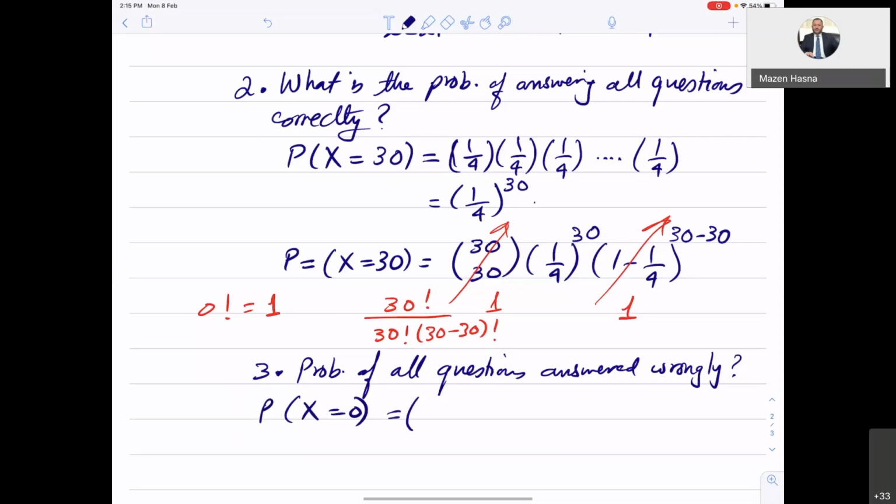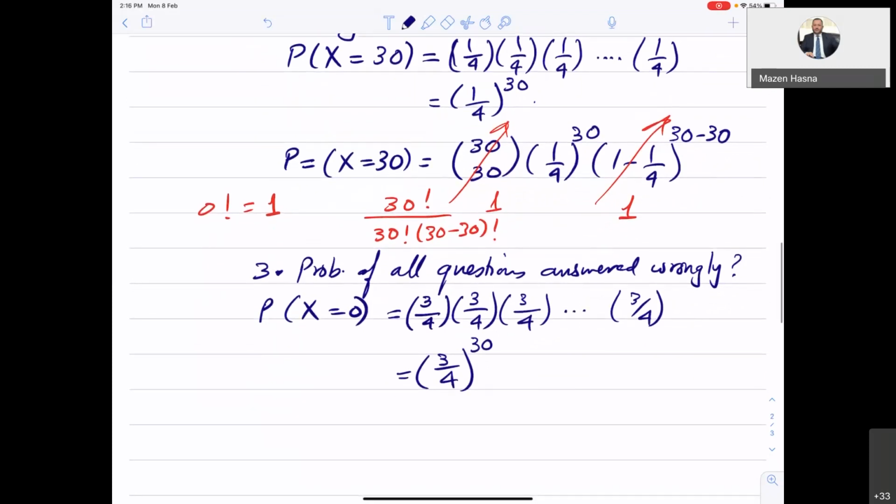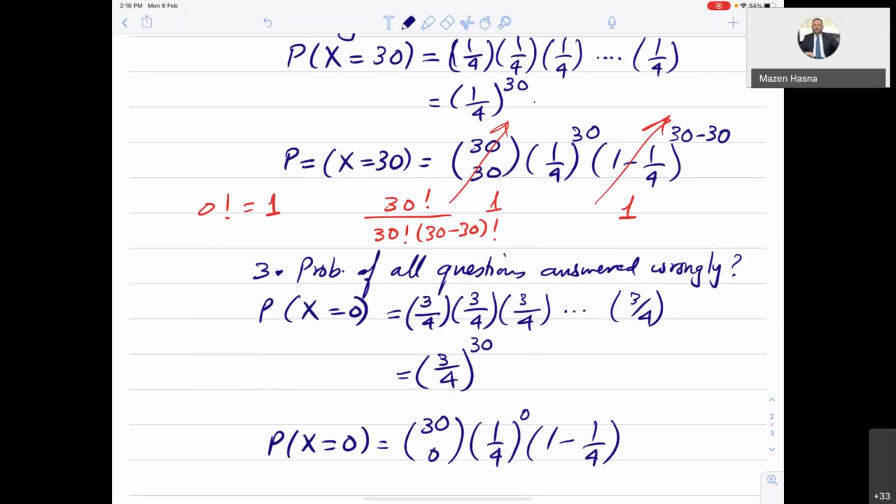So this means that the first one is wrong, and the second one is wrong, and the third one is wrong, all the way to the 30th being wrong, right? So it's 3 over 4 to the power 30. From the rule, you can also do it, the probability of x equals 0, which means 30 choose 0, 1 over 4 to the 0, 1 minus 1 over 4 to the 30 minus 0.